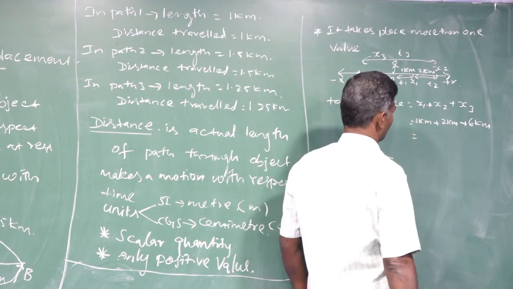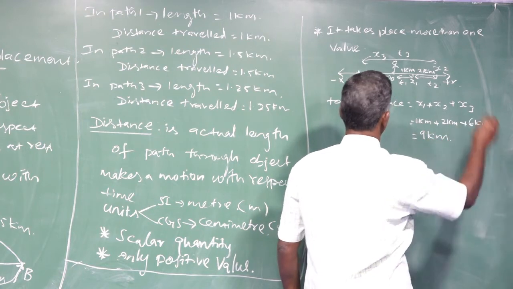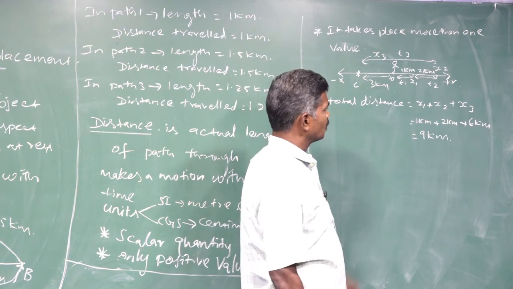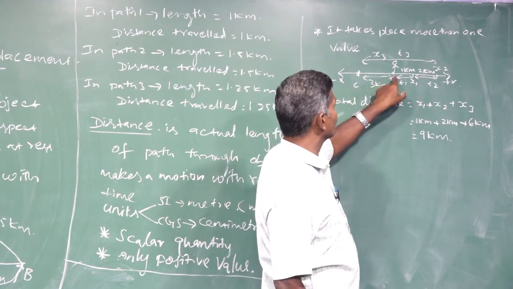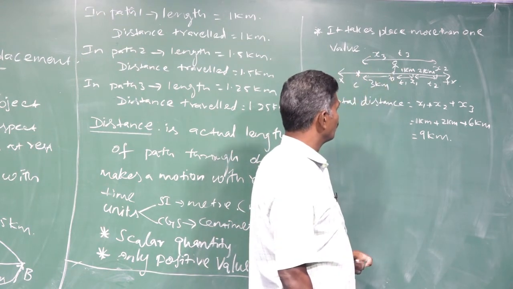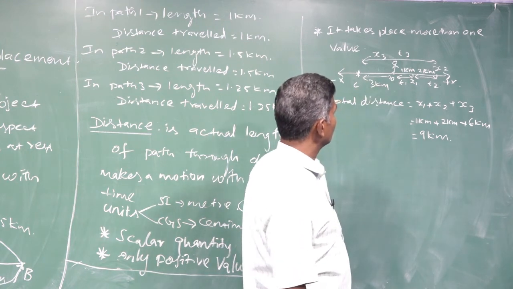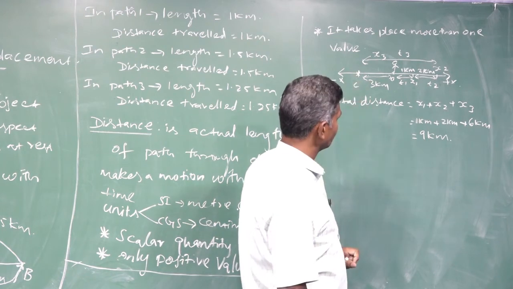Then we can take total distance travelled as 9 kilometers. 9 kilometers he travels. Suppose another time he is travelling from origin to C directly. Only 3 kilometers alone he travelled. So that's why it takes many values.